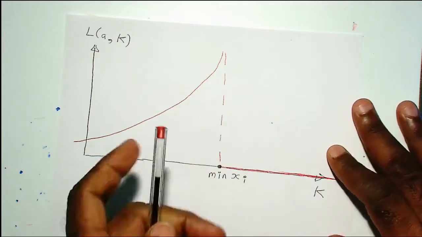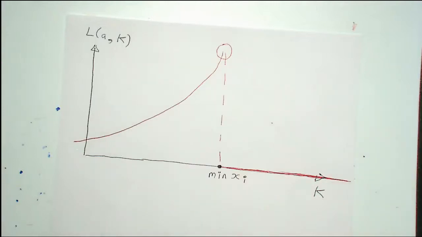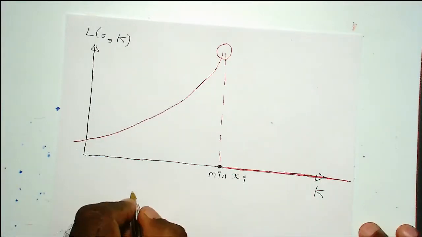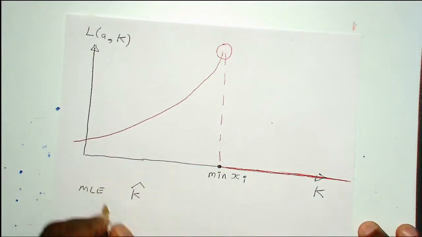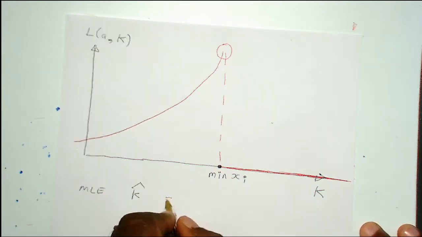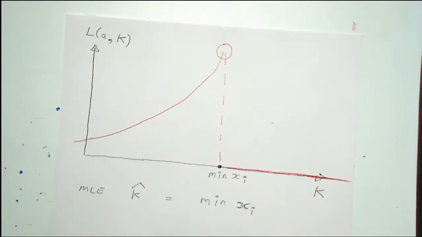Now, obviously, looking at this graph, this is the largest point of the graph, and therefore the MLE for k is the min of xi. All right, guys? The MLE is the min of xi. And going back here, we already got the MLE for a.